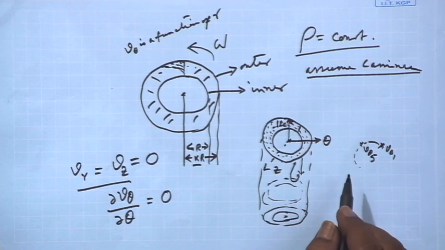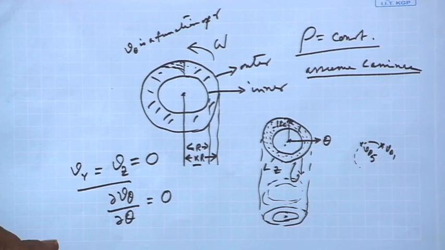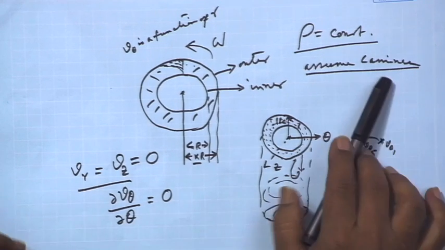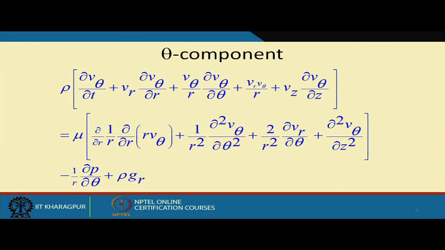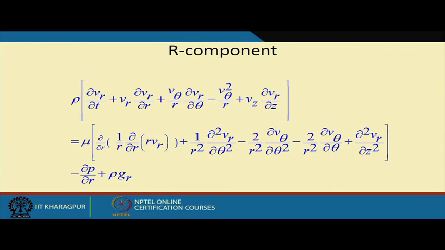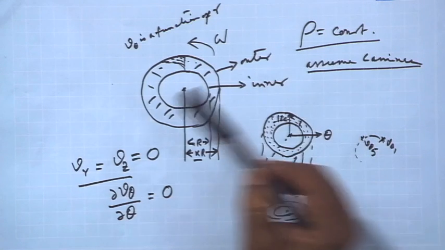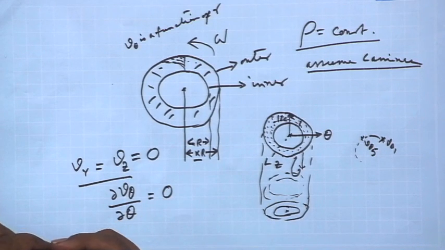If this is true, then if we remember the Navier-Stokes equation which we had originally given, this is the r component, and in the r component V r is 0. First, rho is constant and it is also under steady state.